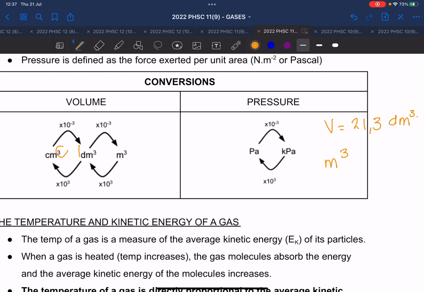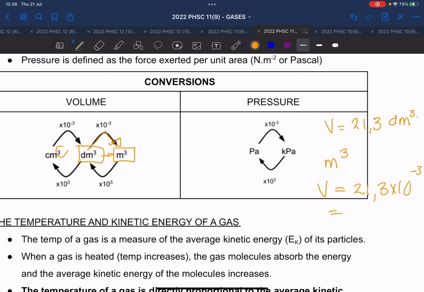So we're starting here and we're going there, right? So what do we need to do? Yes, so we're going to follow this arrow. So we're going to say V new is 21.3 times 10 to the minus 3. Then you can put that into your calculator, or you can use it just like that.